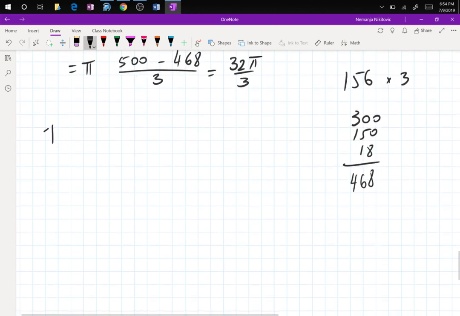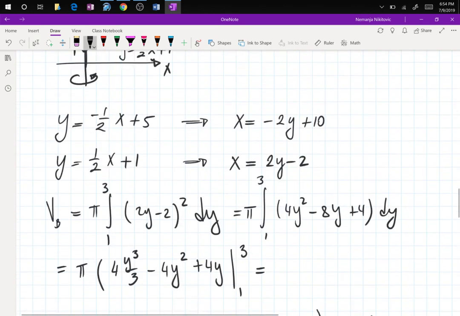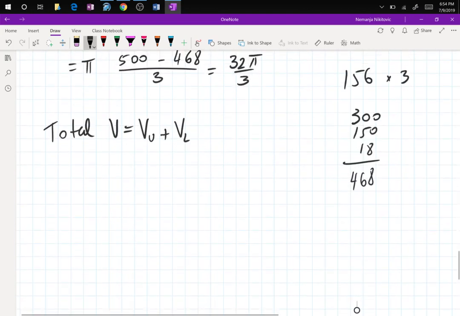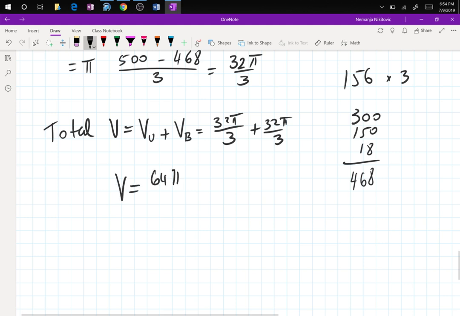So the total volume is the volume for the upper plus the volume for the lower. Did I say bottom or VB? Okay, VB, fine. Which is 32 pi over 3 plus 32 pi over 3 gives us 64 pi over 3.